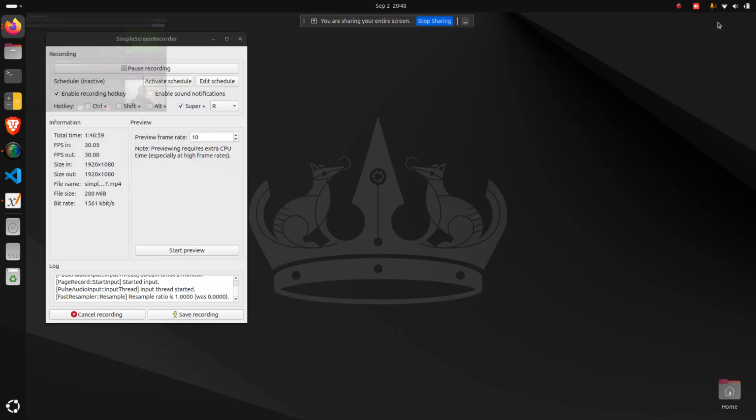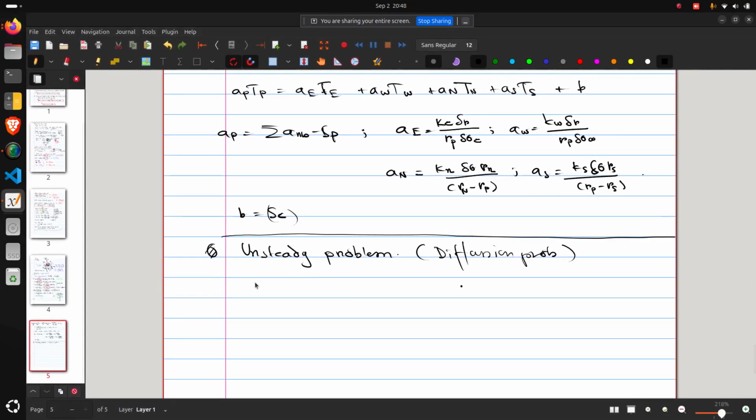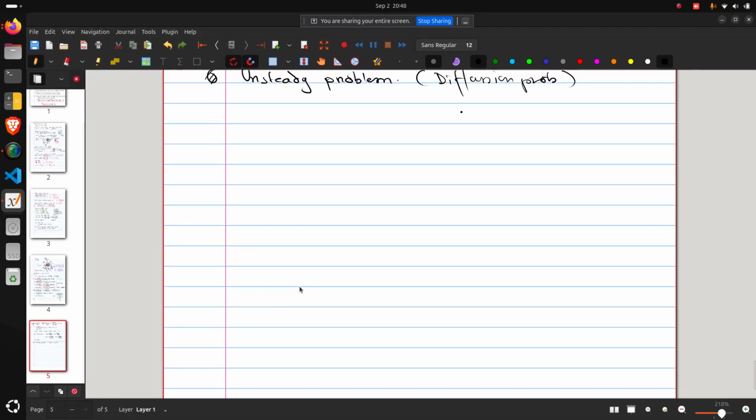Okay, so let's get back. We'll look at a diffusion problem in this section. Let's write the general scalar transport equation that we had derived before, right?